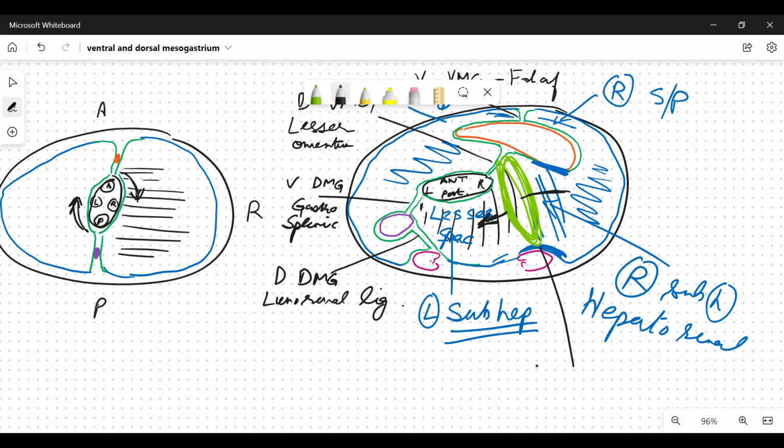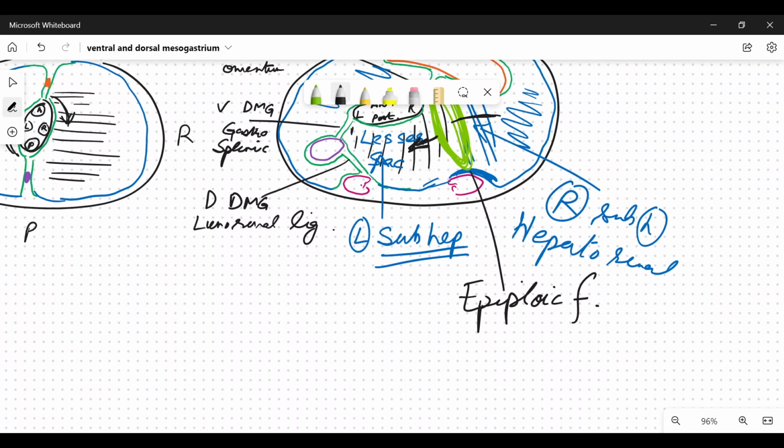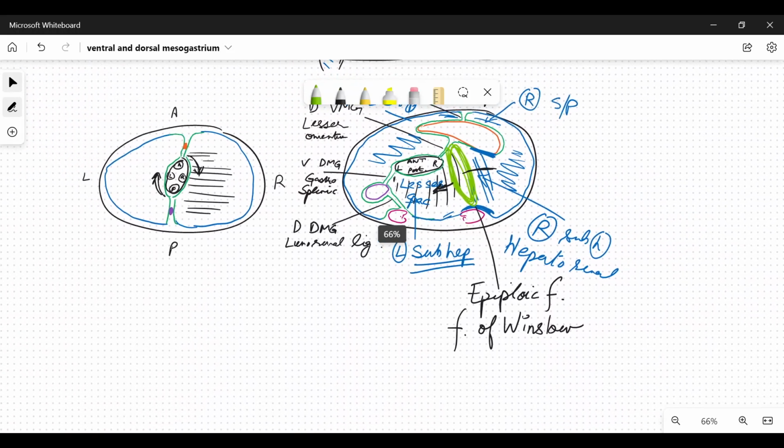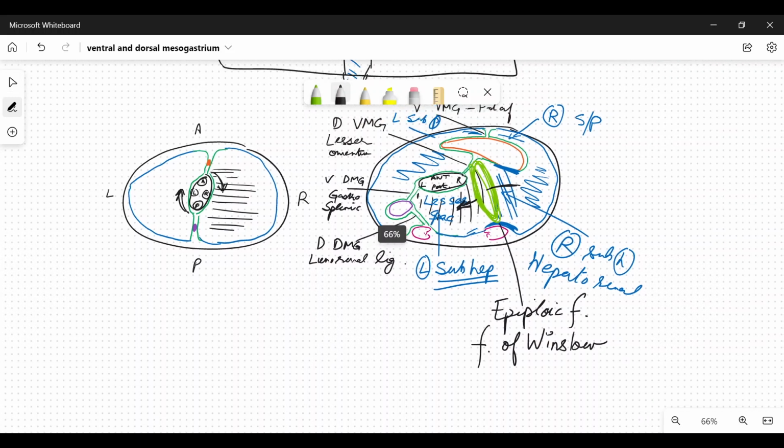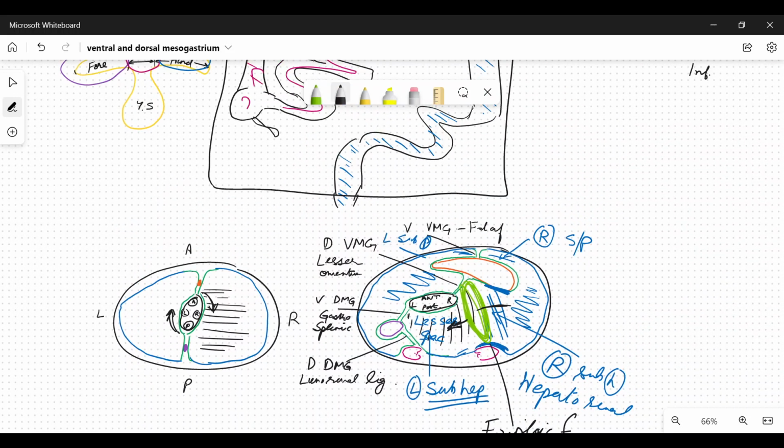This is your epiploic foramen, or it is also called the foramen of Winslow. Right? Okay. So I think this much is enough for this.